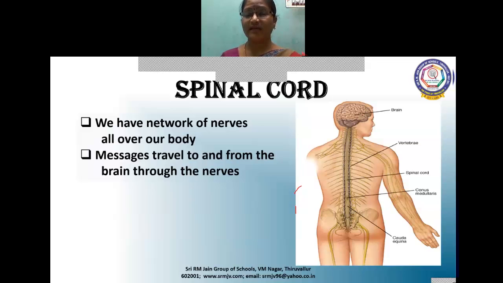As soon as you touch it, nerves quickly send a message that goes straight to your spinal cord. The spinal cord is a thick cord of nerve tissue which extends down from the brain stem. It is about as thick as one of our fingers. It is protected by our spine.